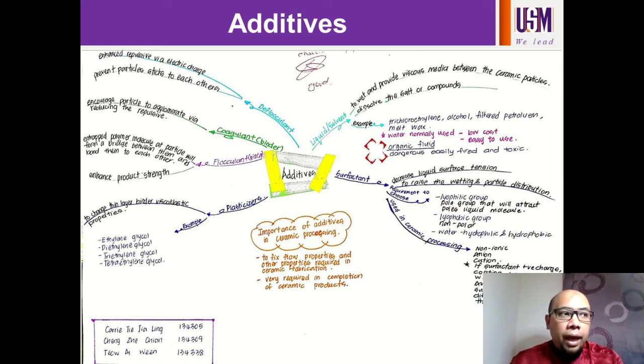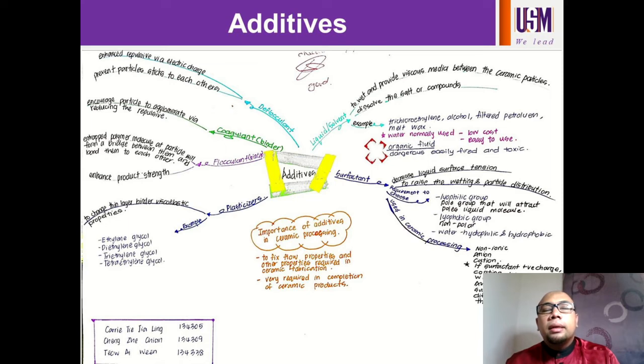If you want to make the slurries thicker, you need to add coagulant. And if you want to adjust the dispersion, you can also put in surfactant.